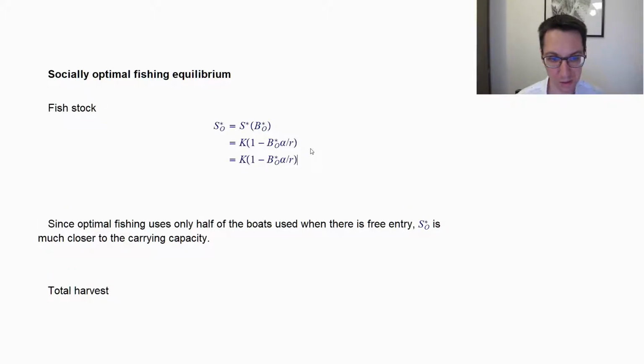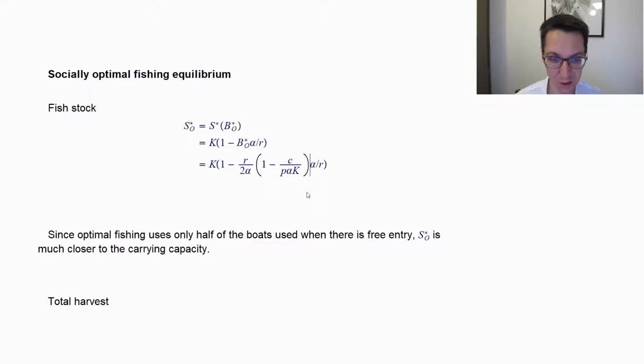And now what we can do is substitute the optimal number of boats, which is this expression that we just found in the previous video: R over 2 alpha multiplying 1 minus C divided by P alpha K. So let's just go ahead and simplify this expression.